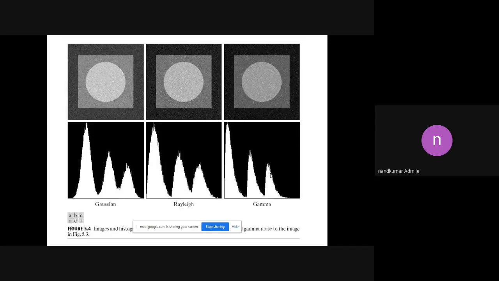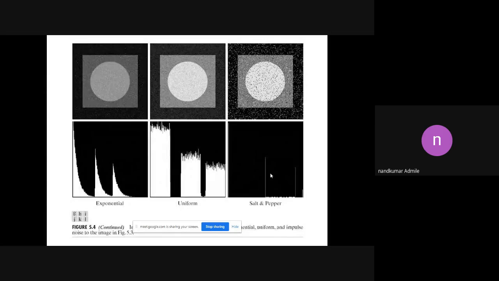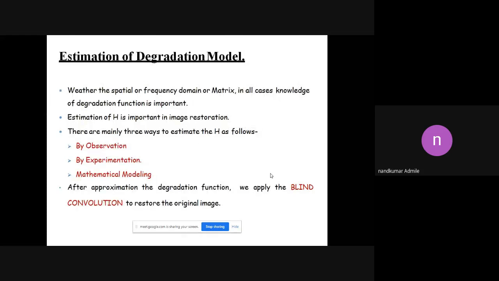By looking at the plot function and its mathematical equation, we can easily identify the various types of noises in an image. Now we'll move towards the next point, that is the estimation of a degradation model.